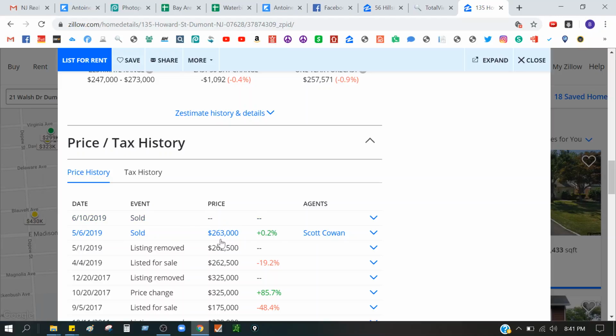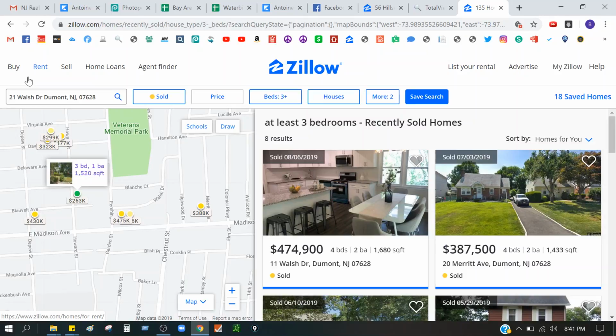So it was sold for. So I would contact Scott and ask Scott if he has some cash buyers, because it looks like it went through an agent. So I would call Scott and find out if Scott has some cash buyers in the area that's able to purchase 21 Walsh Drive.